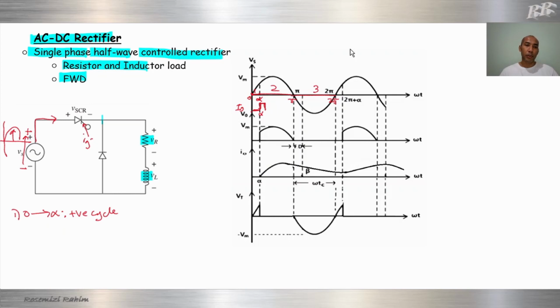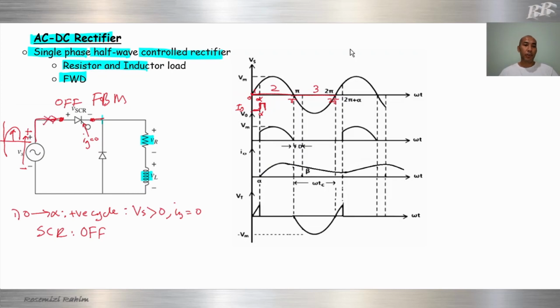IG equals 0, and Vs is greater than 0. So our SCR will be off. Sometimes we call this forward blocking mode. Off. So current cannot flow.